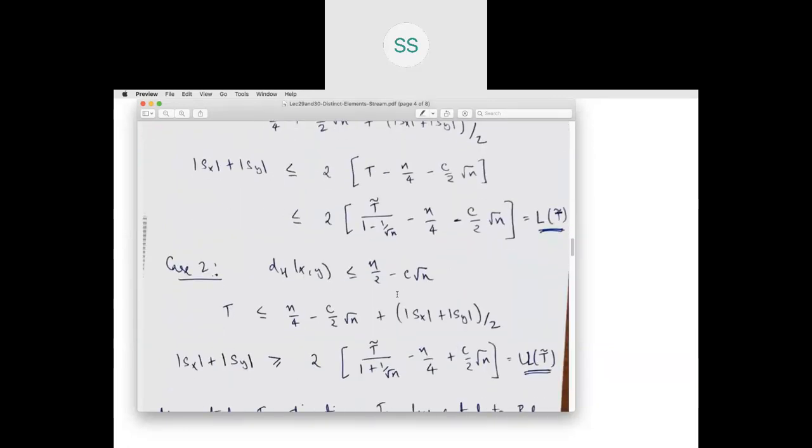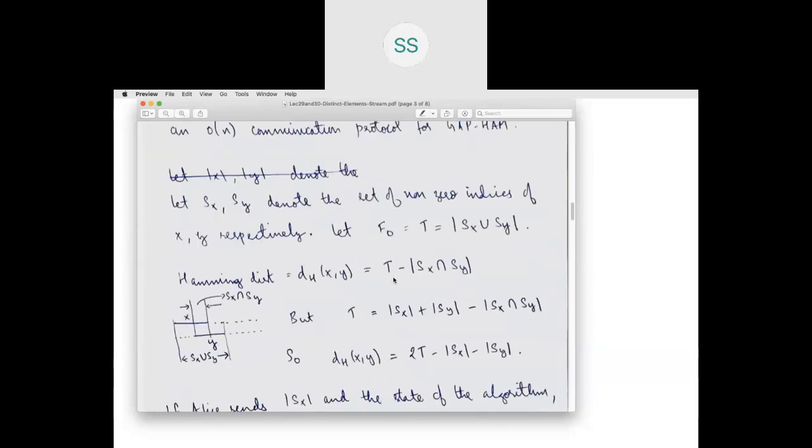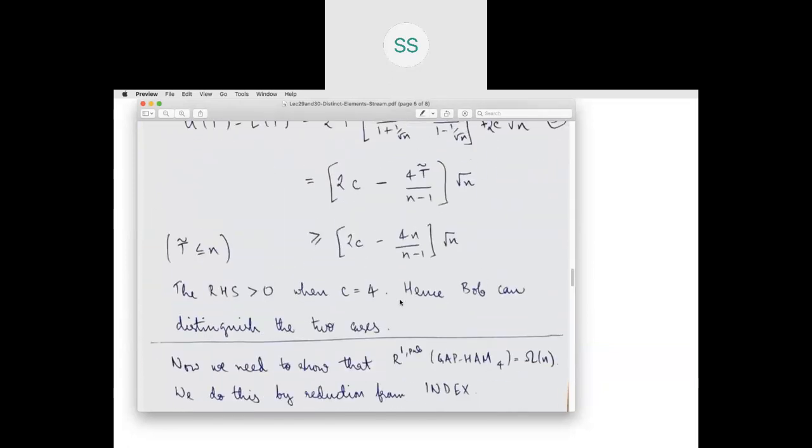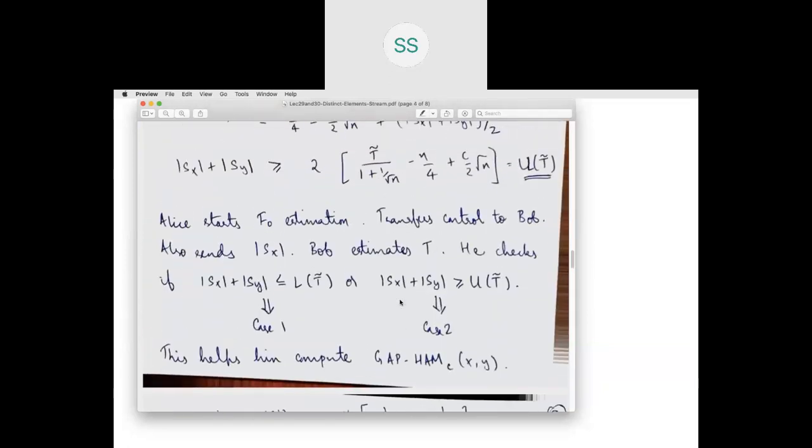Case 2 means the function value is 1 as per our definition. Right? Less Hamming distance is 1, more Hamming distance is 0. So that's all that Bob has to compute. He has to just say whether it is in case 1 or case 2, and this helps him compute the function.